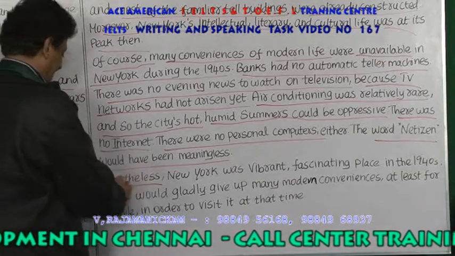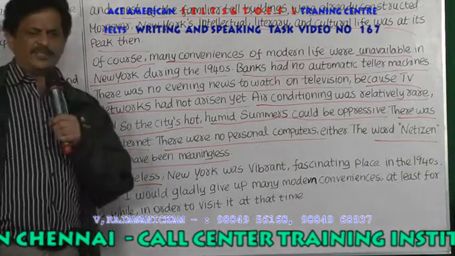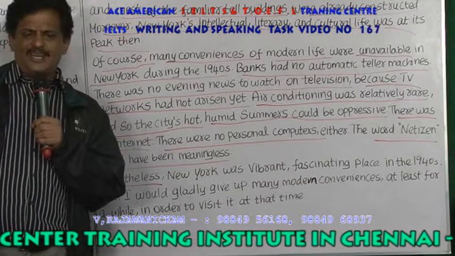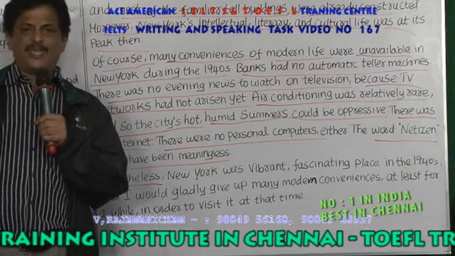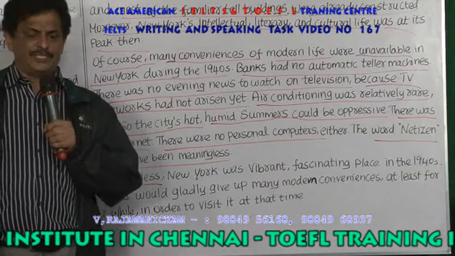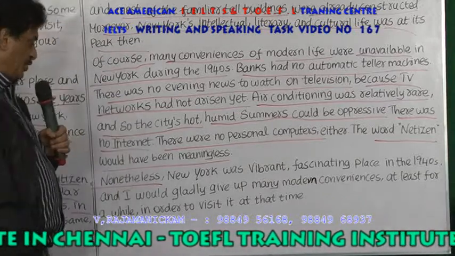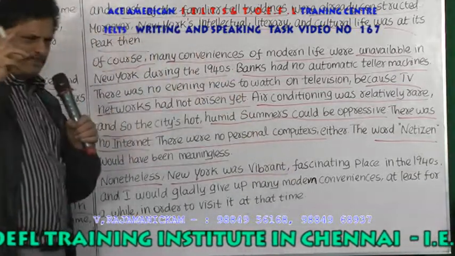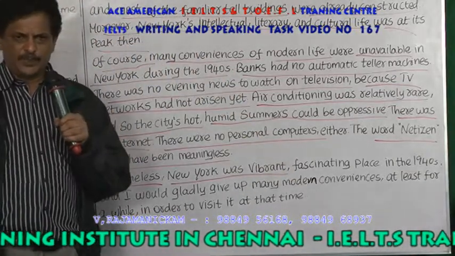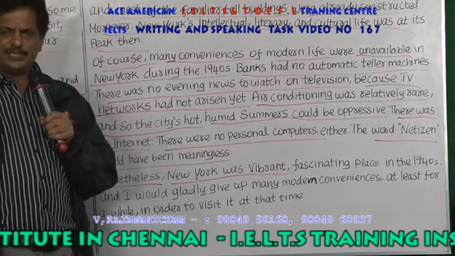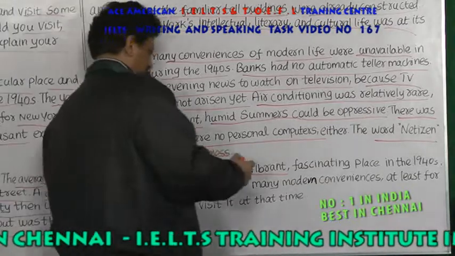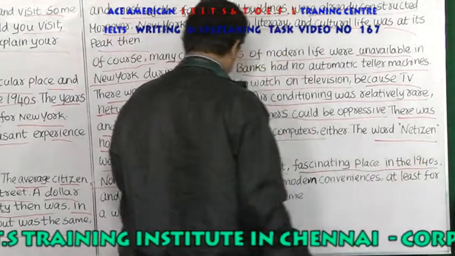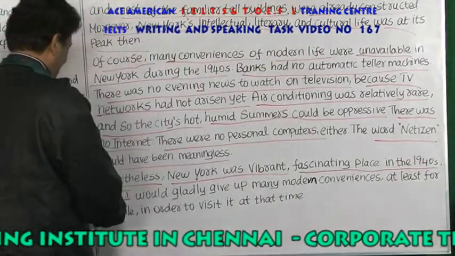Nevertheless, nonetheless, he says, even though these drawbacks are there, scientifically what we enjoy now was not there during the 40s and 50s, but nonetheless New York was vibrant. What do you mean by vibrant? The city was energetic, vibrant, action-oriented. New York in the 1940s and 50s was a fascinating place. Very fascinating.